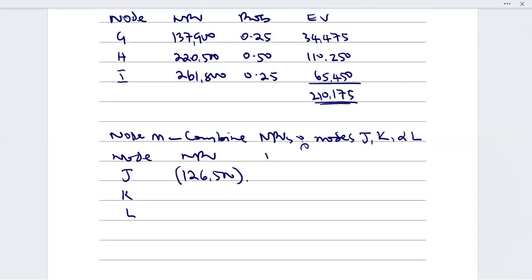Node K, 46,775. Node L is 210,175. Probabilities 0.25, 0.50, 0.25.